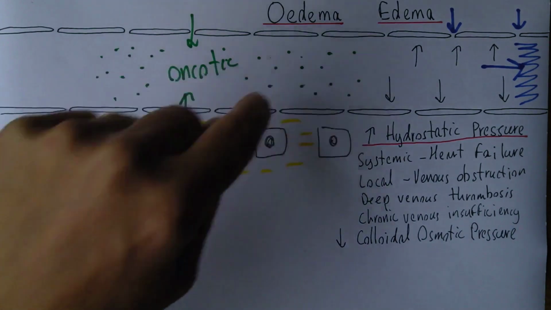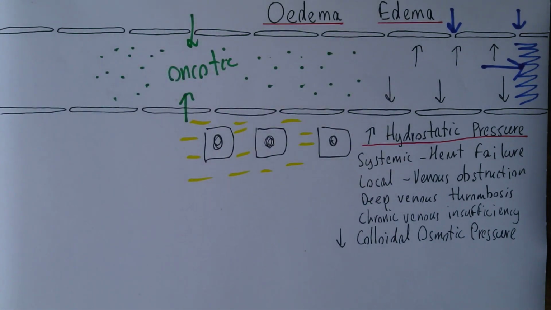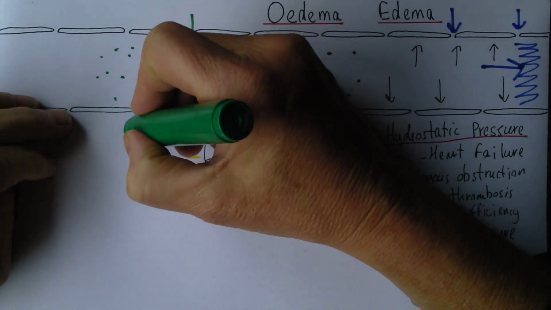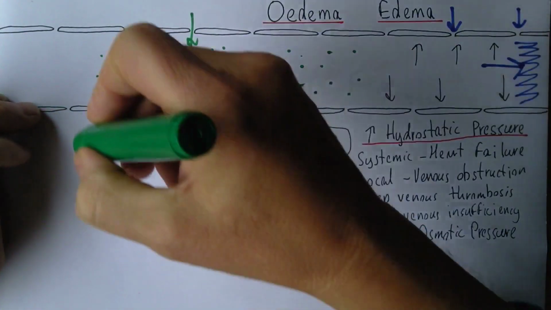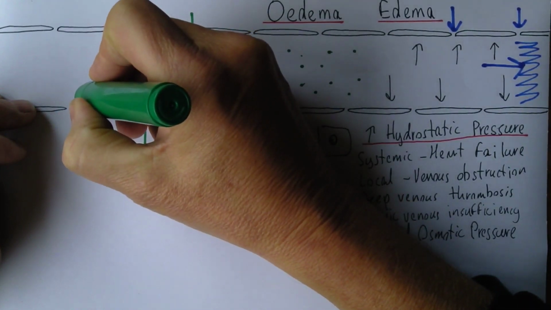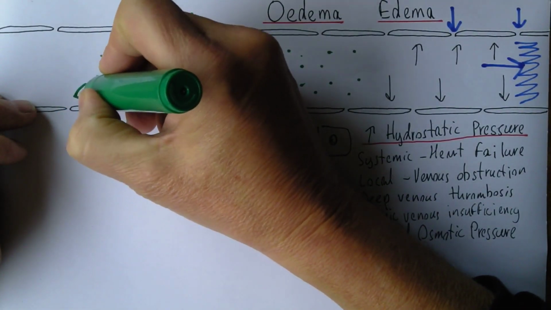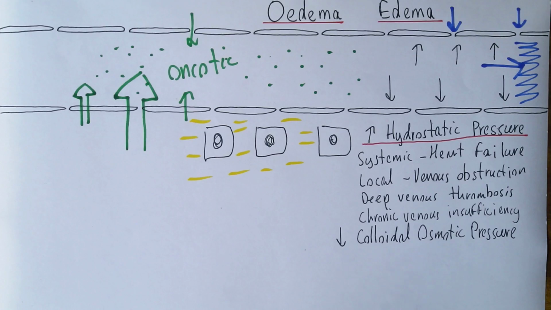The oncotic pressure is that generated particularly by the large molecules. So if that is decreased, if there's a decreased suction effect, so instead of getting a big suction effect in, as we would get with normal levels of plasma protein, we're going to get a reduced suctioning effect.